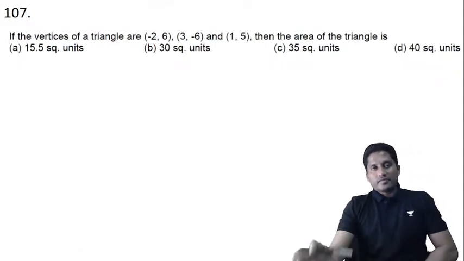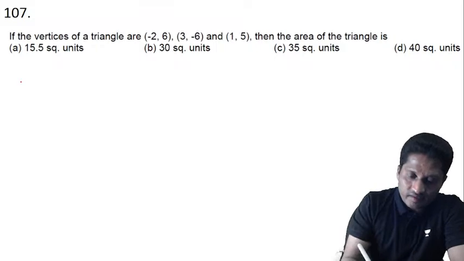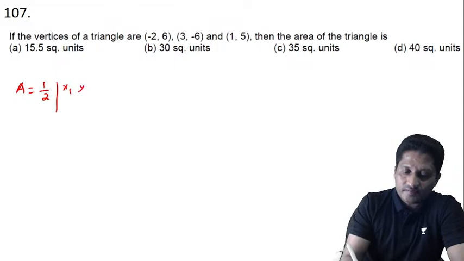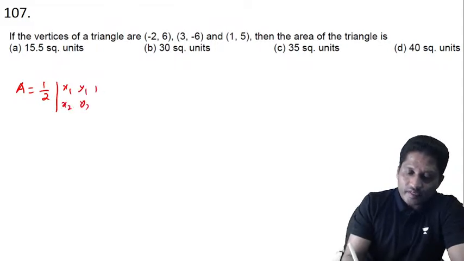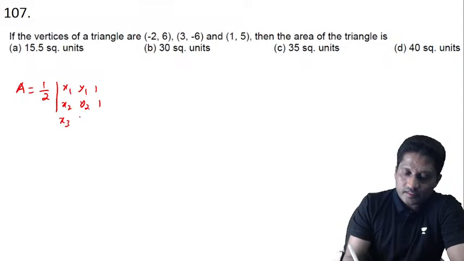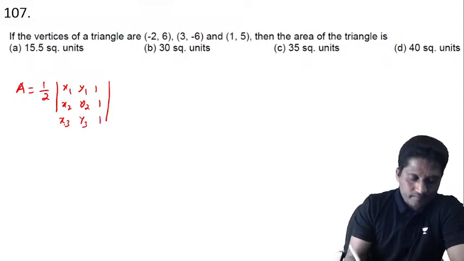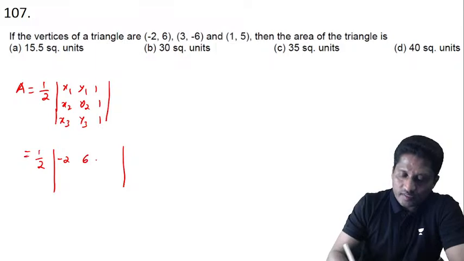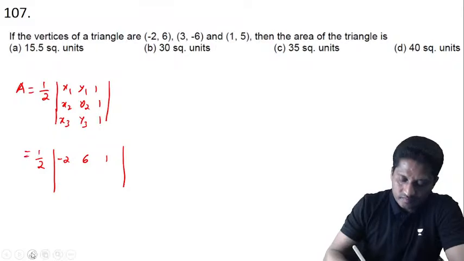Okay, and the last one, this was asked in KCET 2021. Area of the triangle, this you will do in boards only. Area is equal to half of determinant of x1 y1 1, x2 y2 1, x3 y3 1. So this is equal to half of determinant of minus 2 6 1, 3 minus 6 1, and 1 5 1.